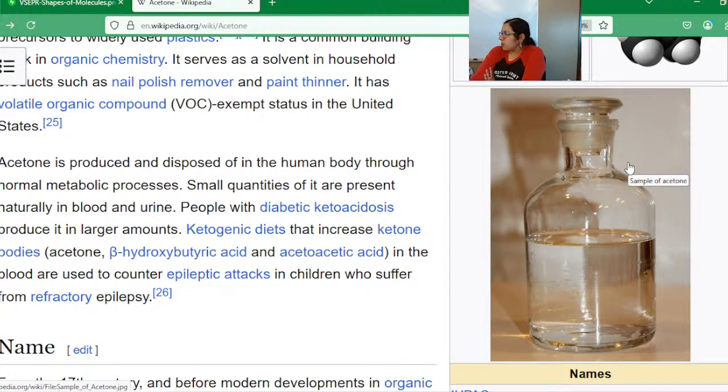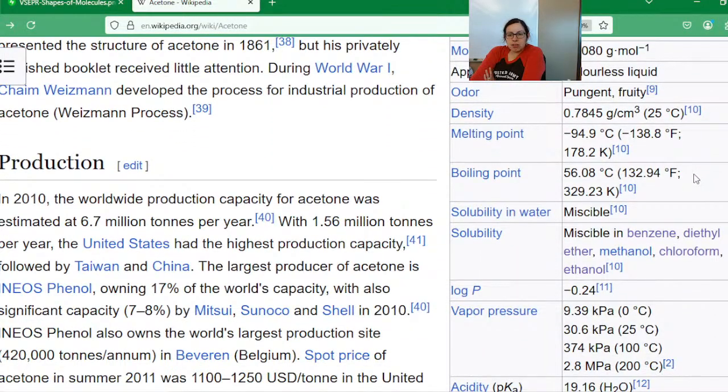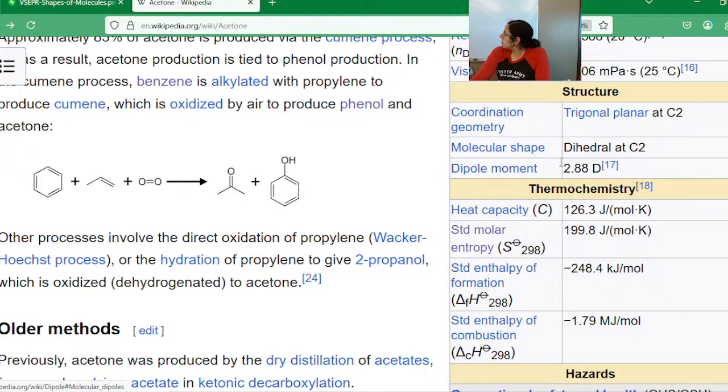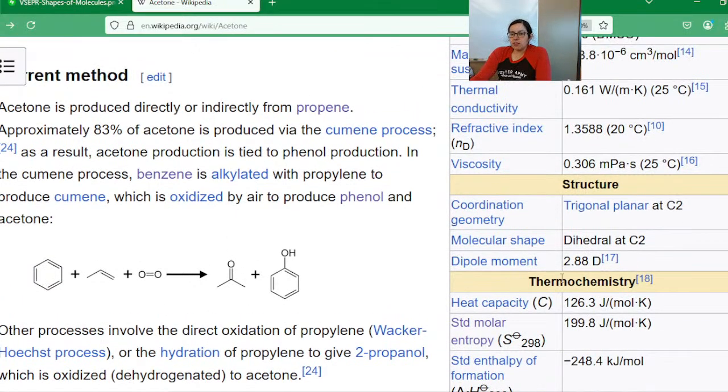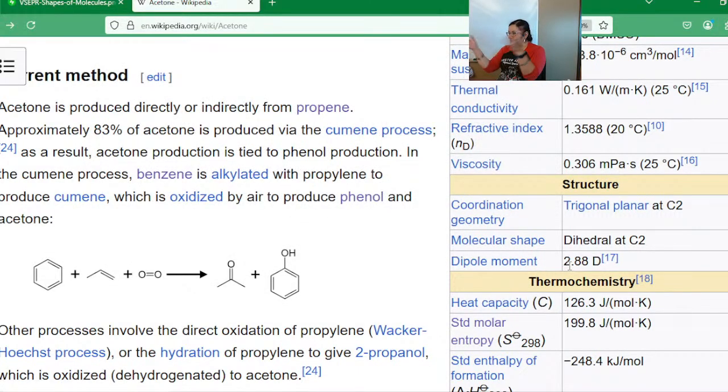But if you're ever confused about polarity and you just want to check yourself, there's this thing called the dipole moment. Basically, if it has a numerical value, and I'll show you nonpolar ones so you can see, then it's polar. So acetone is 2.88. This dipole moment is something you can literally measure, so you can measure how polar it is.